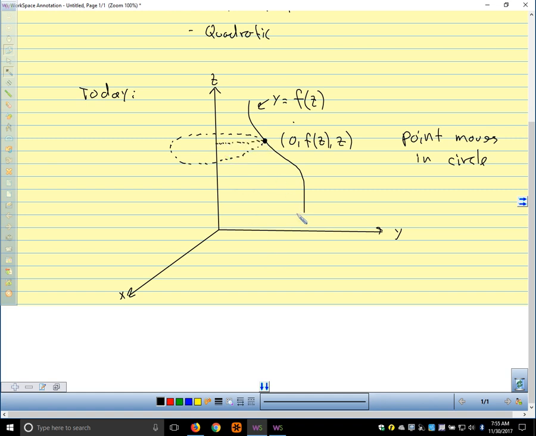The circle has radius, well, the y coordinate, f of z.